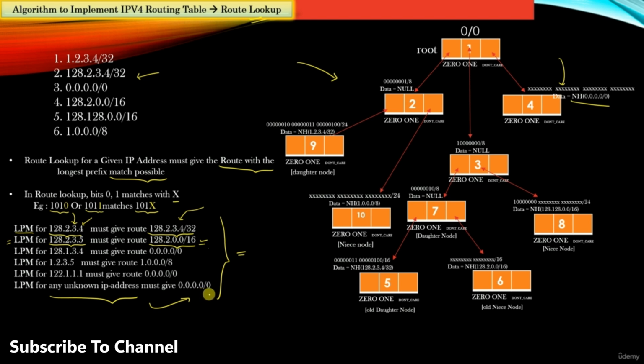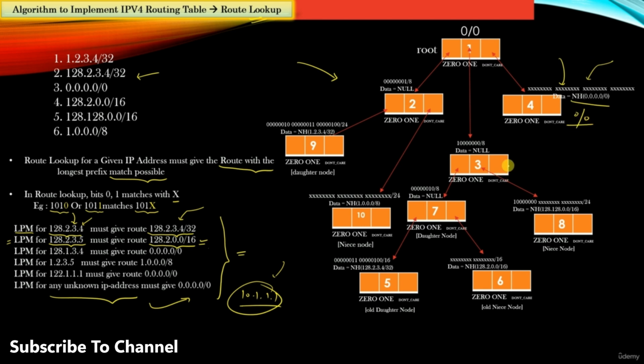You just take any arbitrary IP address, let's say 10.1.1.1. This address will not match any other route in this M-trie data structure, but it will always match with the default route, which is essentially the 0/0 route.